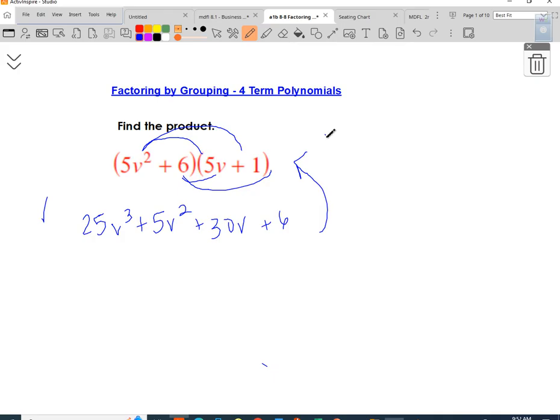In this case, and for today's lesson, our answers are going to be mostly a binomial times a binomial. They're going to give us 4 terms, like our product here, and ask us to give them the 2 factors. So we're going to have steps, and it sounds really confusing right now, but it's super easy if you follow the steps.